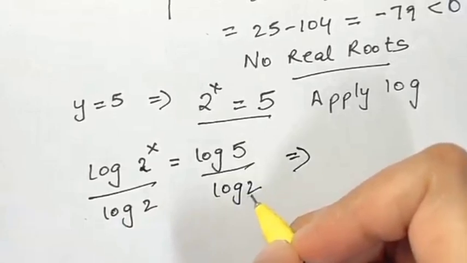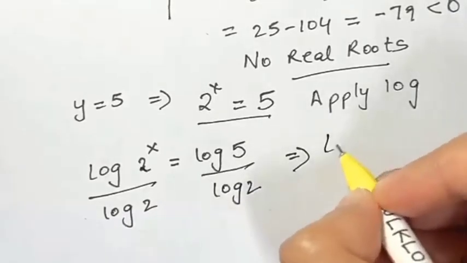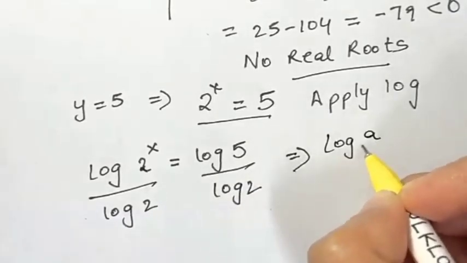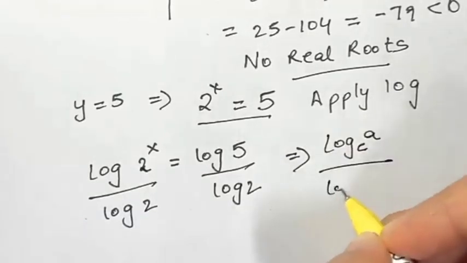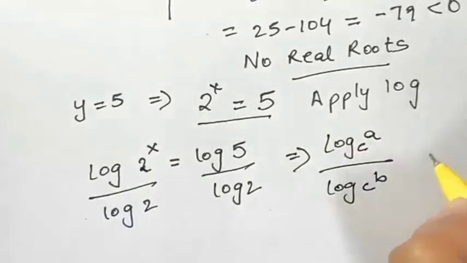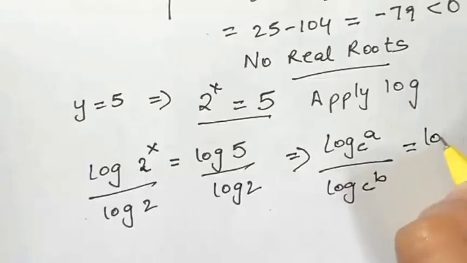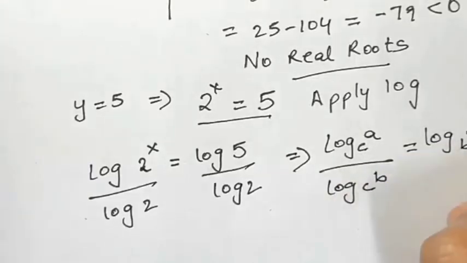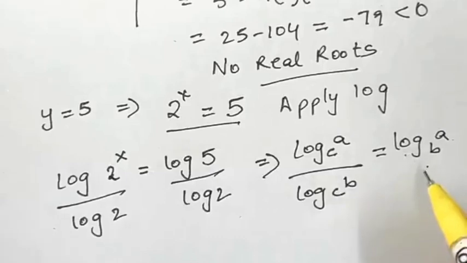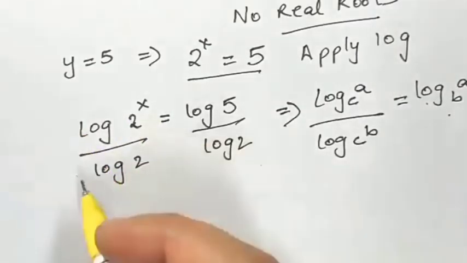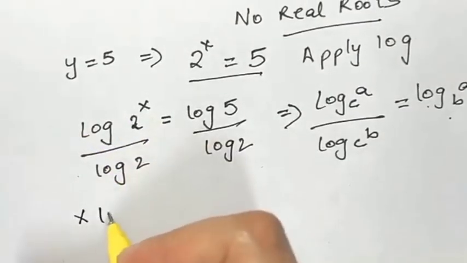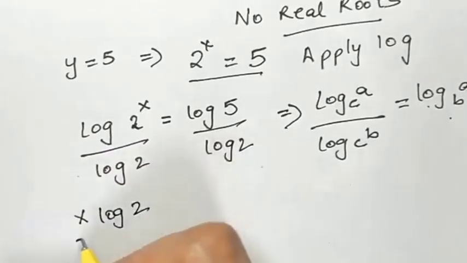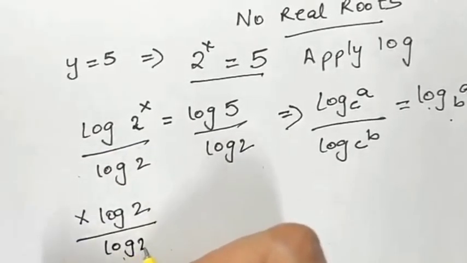Now, do you know this thing? Whenever you have something like log a to the base c over log b to the base c, you can write it as log a to the base b. You have same base here, so you can write it as log a to the base b. So here we have x coming this way, x log 2 over log 2.